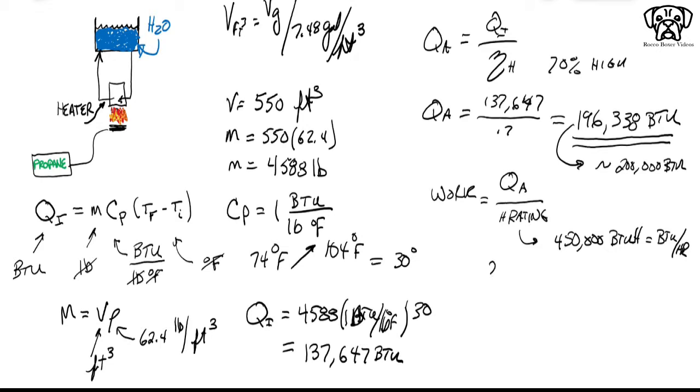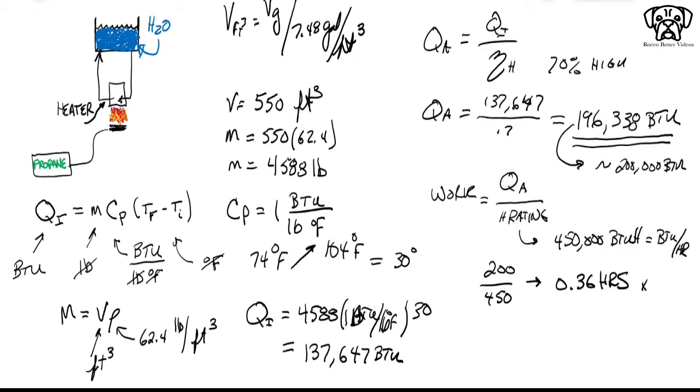So if you take our number of 200,000 and divide it by 450,000, you can do it with shorthand like this. We get that the work that we need to do is, it's going to take 0.36 hours of work at that heat rating to generate 200,000 BTUs of heat.